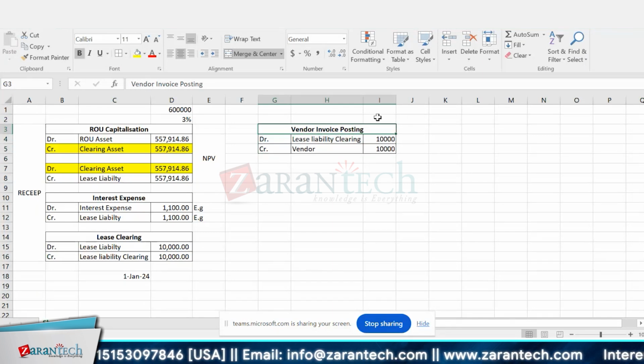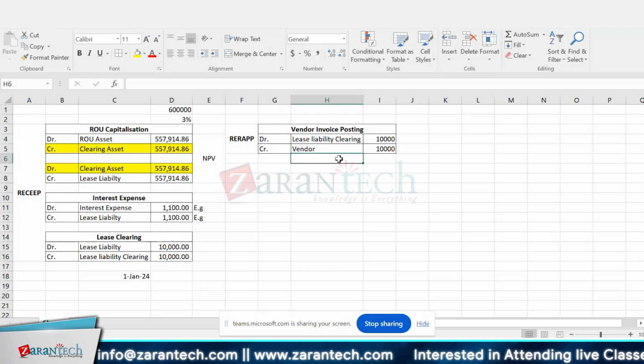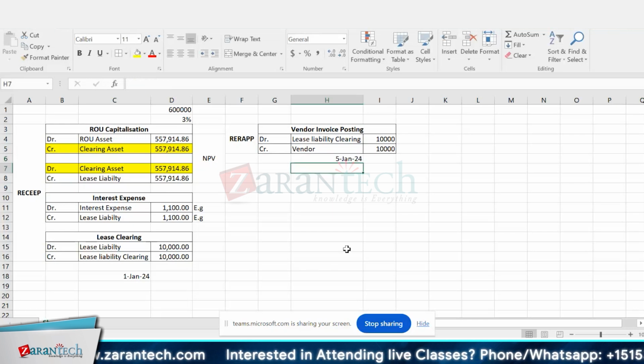So this is how your accounting entry will get posted once you receive the invoice. Now let's say you received this invoice on 5th of Jan 2024. There is a difference of 4 days.